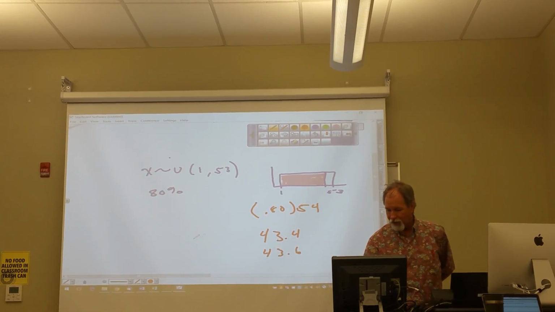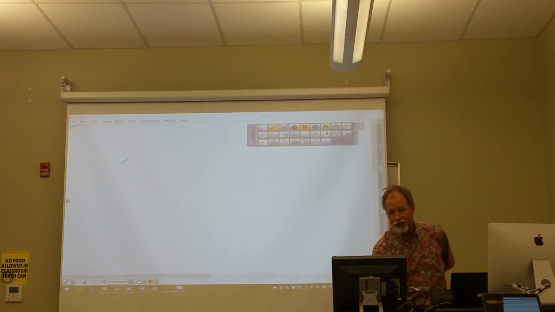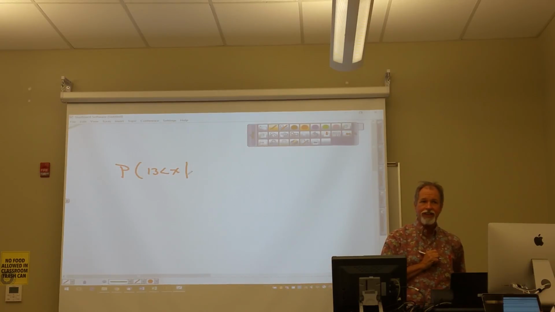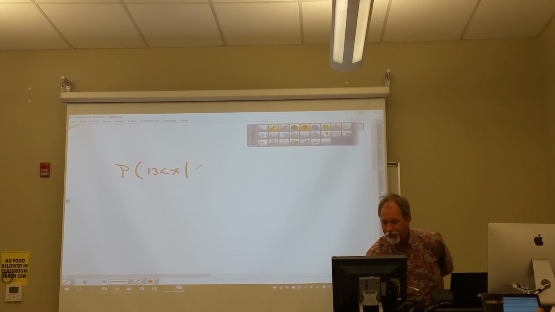Now, the one that I know Bronson and Abby both came to me with was something like this. It said the probability that 13 is less than X, given that X was less than 24. What does that straight line mean?